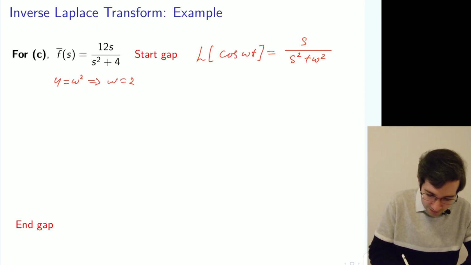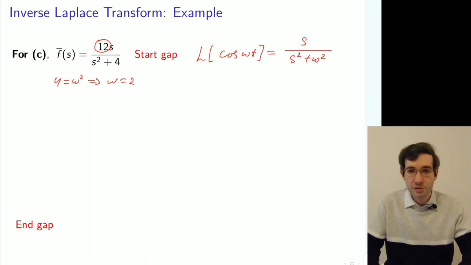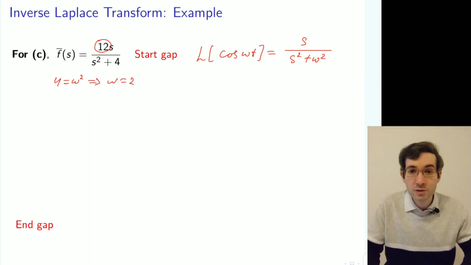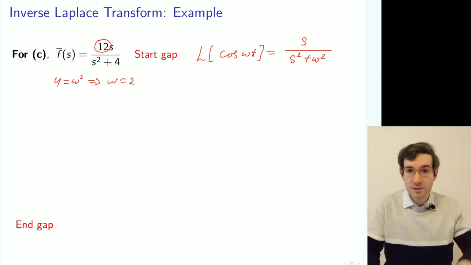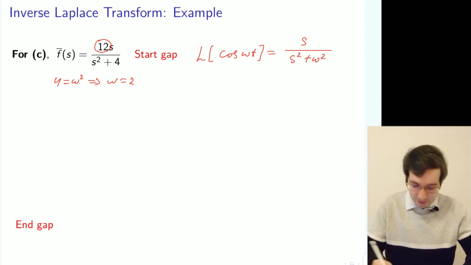But we also have the factor 12 here, which is not in the table. And again, using the linear property, we take it outside our transform. And here we go.